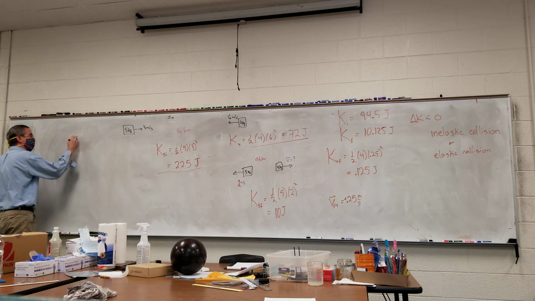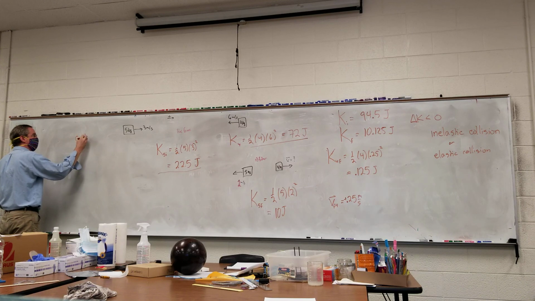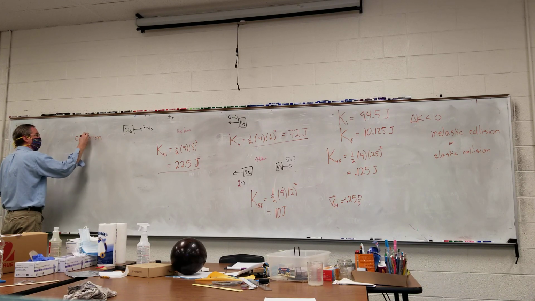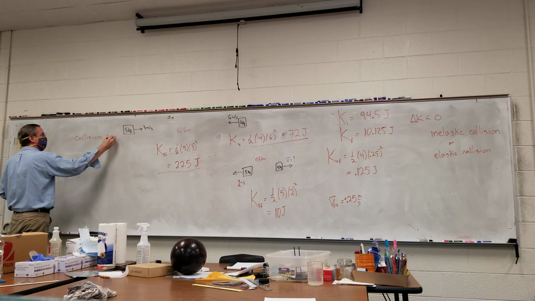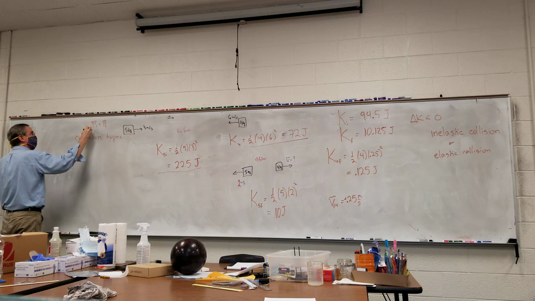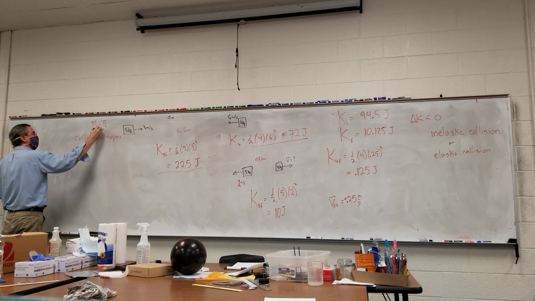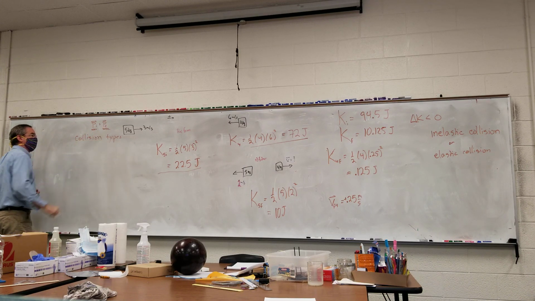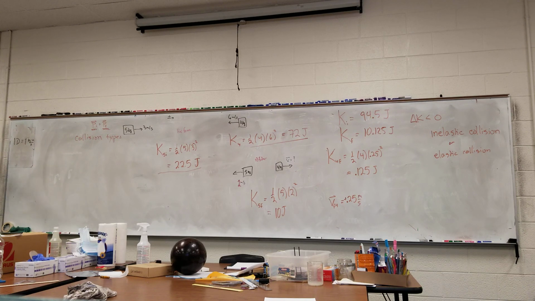So these are collision types. We assume P initial is equal to P final, total. So the variation happens based upon the energy.